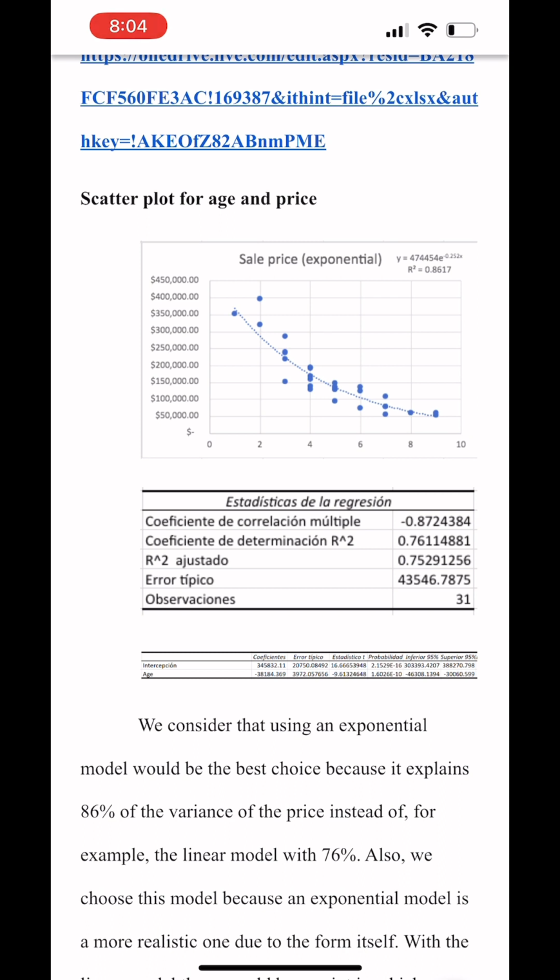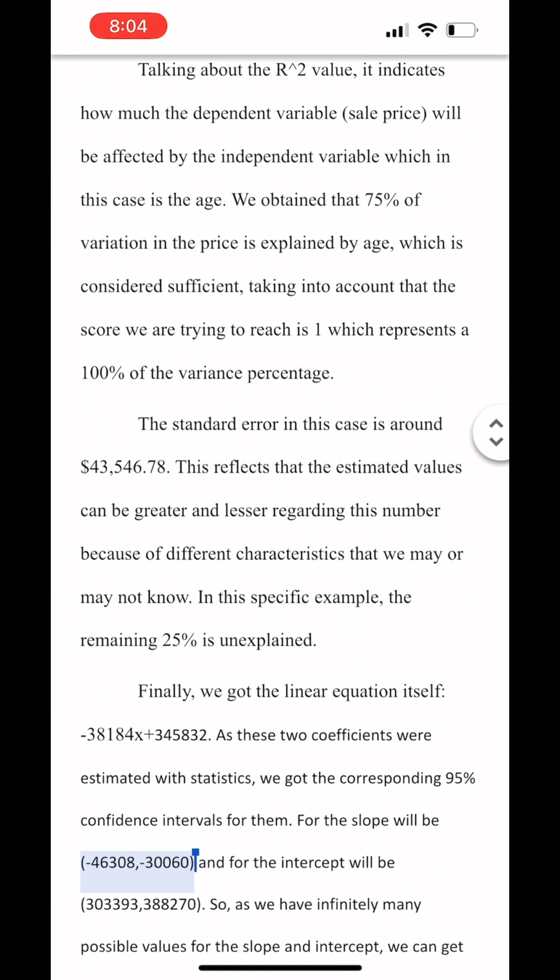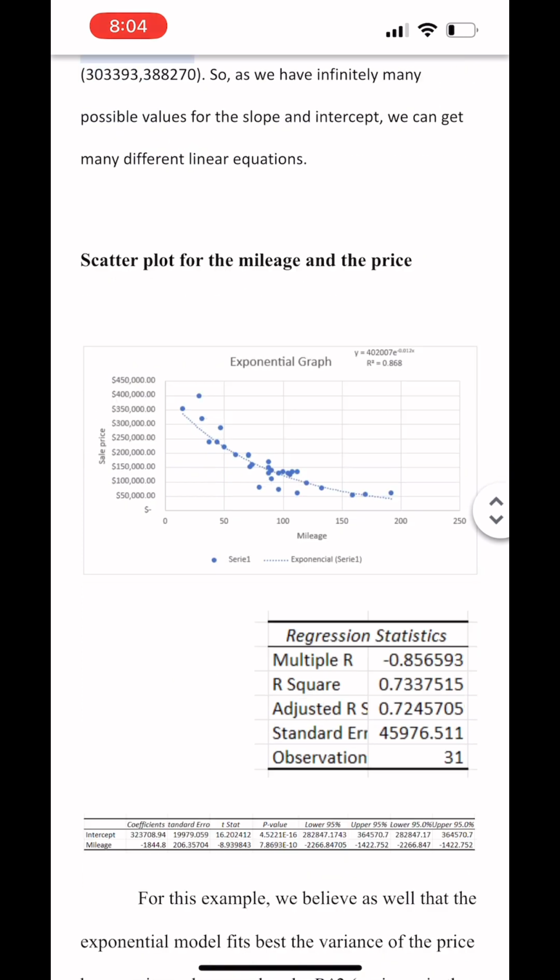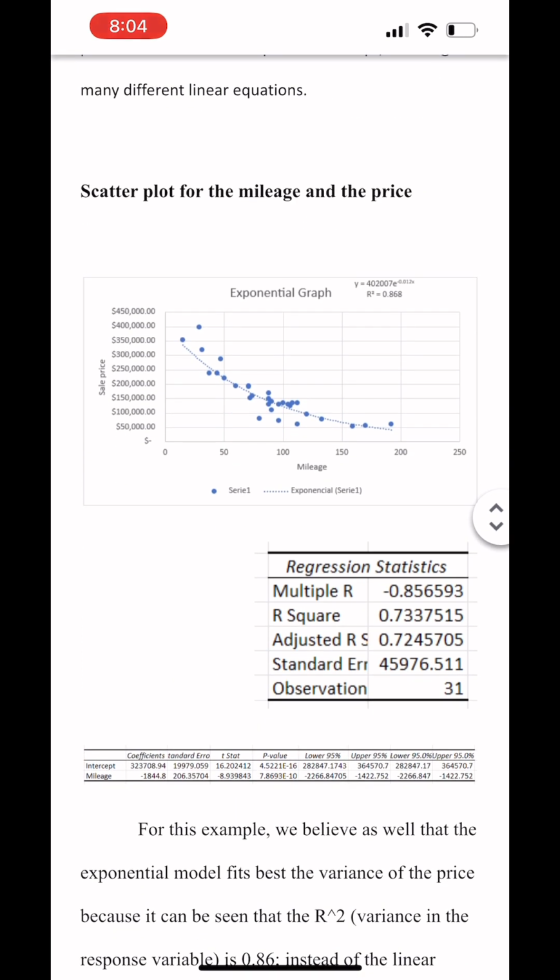So the first graph that is shown in the video is the graph of age and price. This graph shows the age and the mileage as independent variables and the price as the dependent variable.